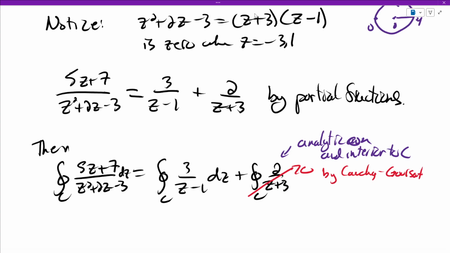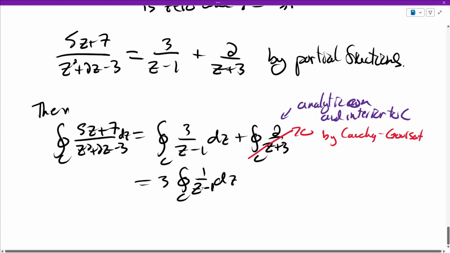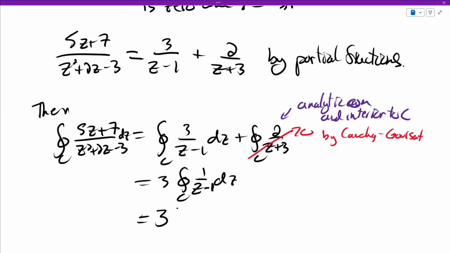So the only one that we actually have to compute is this first one. Let's factor out that 3. Now, by the discussion we had at the beginning of this video, this is 1 over z minus z naught to a power. It's the power 1. And when we integrate that over a contour that contains that point, we get 2 pi i. So the value of this integral is 6 pi i, and we are done.